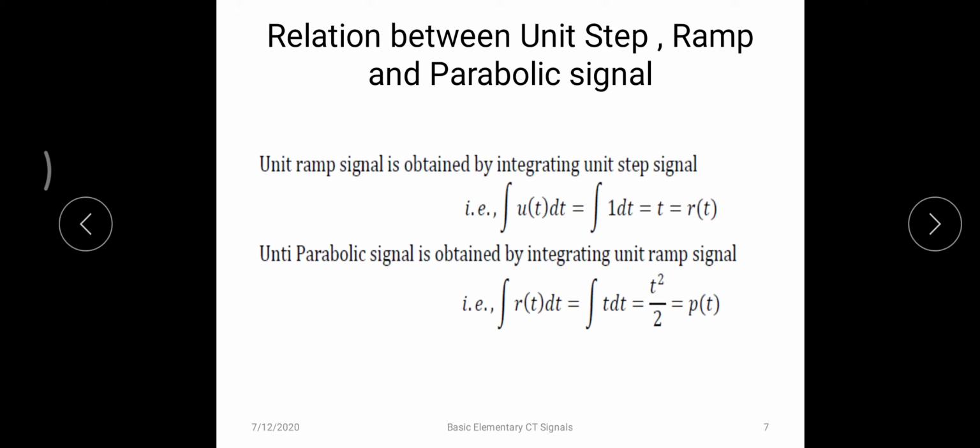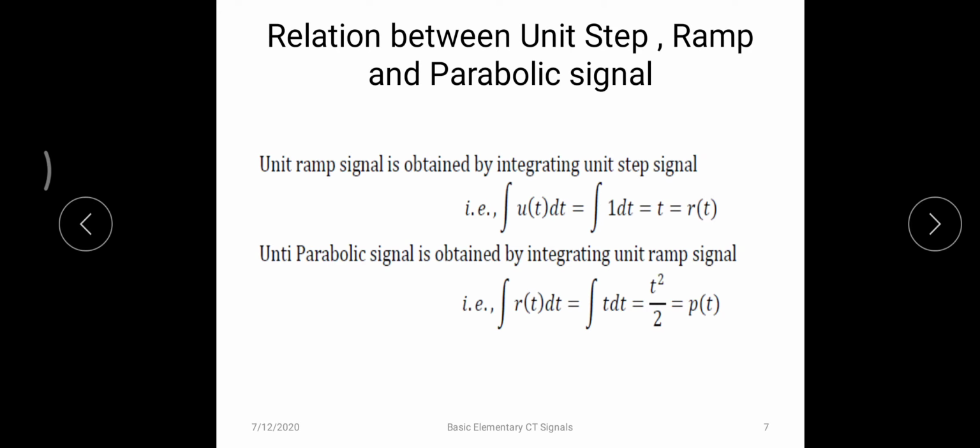If I differentiate the ramp signal, I will get the unit step signal. Similarly, if I integrate the unit ramp signal, I get the parabolic signal. The integral of t dt is t square by 2, which is a parabolic signal.